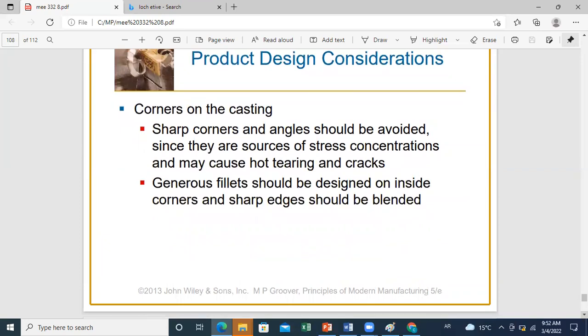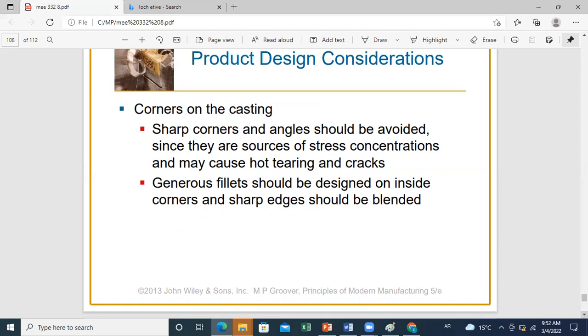So we should try to avoid corners. 90 degree angles are not desired, because these zones will be critical, and it's not easy to manufacture sharp corners. So sharp corners and angles should be avoided, since they are sources of stress concentrations and may cause hot tearing and cracks, which will lead to a failure of the final product.